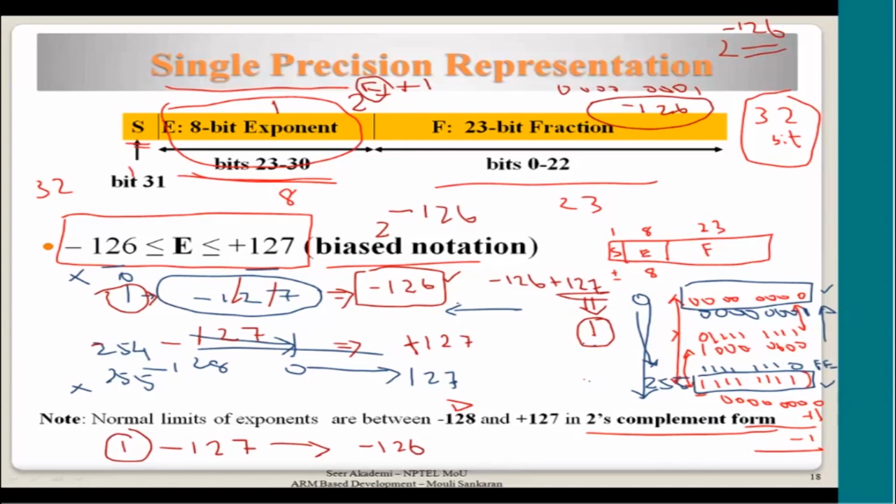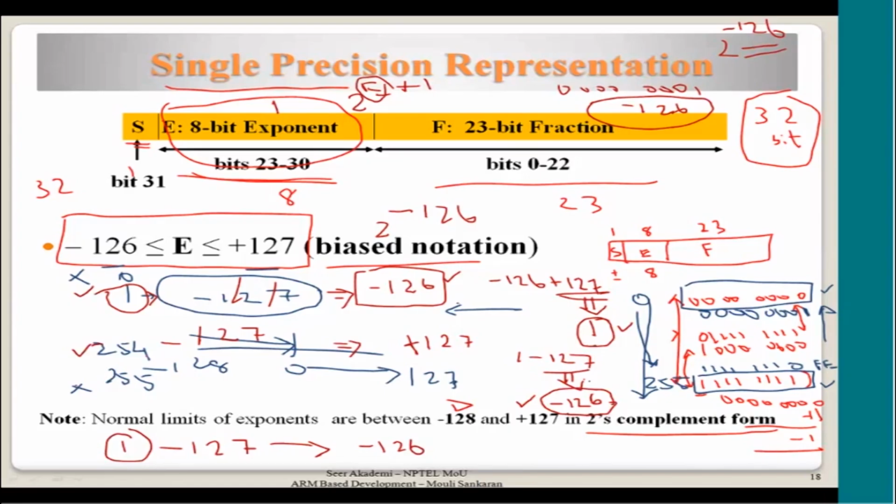So while interpreting the number, I need to do the reverse of that. I subtract 127 from whatever I see in the exponent, and I get minus 126. So the hardware, by interpreting the value stored in the exponent, subtracts 127 to get the actual value that 1 represents. Now what does 254 represent?